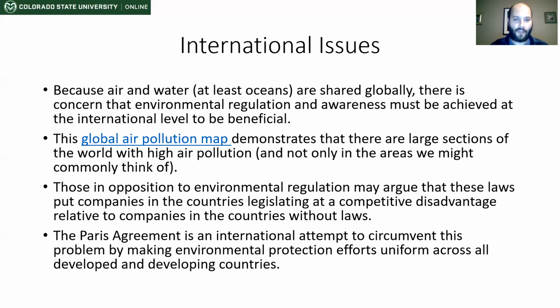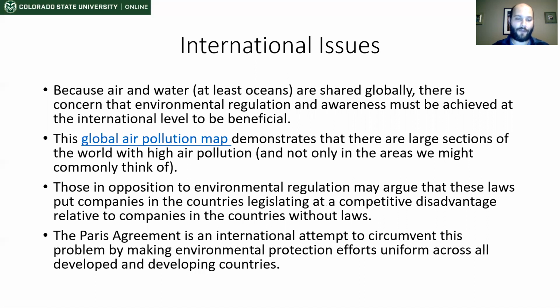So finally, international issues related, again, air and water are shared globally. So there's some concern that environmental regulation and awareness has to be achieved at the international level. It's not going to be sufficient to have some countries going along with these cleanup efforts and other countries still polluting. This global air pollution map that I posted as a potential discussion topic shows that there are some large sections of the world which have really high air pollution, and it's not just the places that we think about, right?